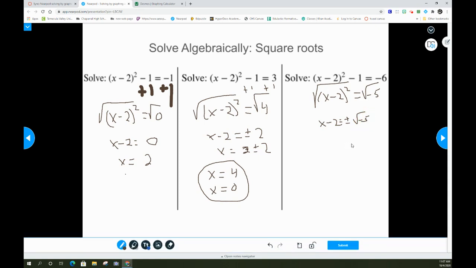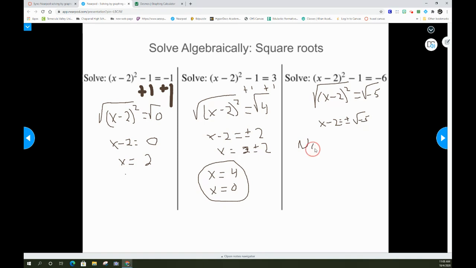The problem is you can't do that. There's never 2 of the same number that multiply to a negative, because a negative times a negative is a positive, and a positive times a positive is a positive. So there's no way for this to work. This is impossible. So here we have no real solutions.